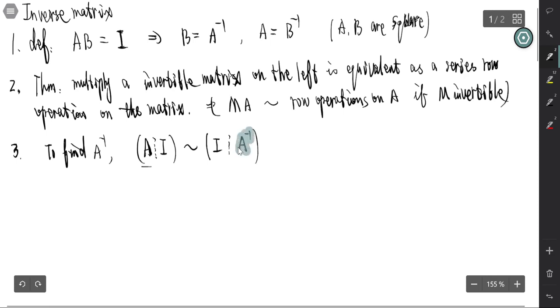Maybe we call this B. Then B is the inverse of A. Why?